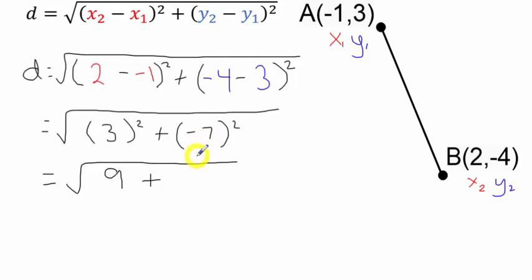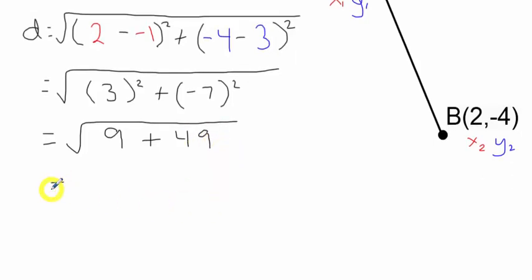A negative times a negative is a positive, and 7 times 7 is 49. Notice that at this step, you will always end up with positive numbers, because if it was positive to begin with, it'll stay positive. And when you're squaring a negative number, negative times a negative is always positive. So at this step, you should always have positive numbers. Last thing to combine is the 9 and the 49, which gives us 58.